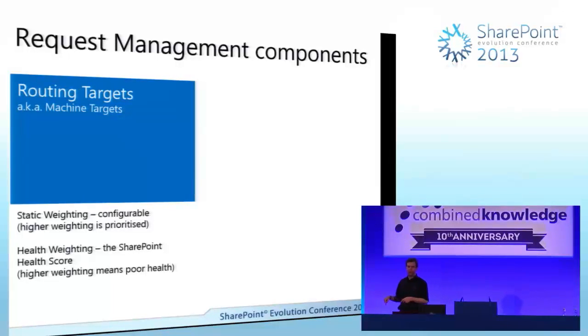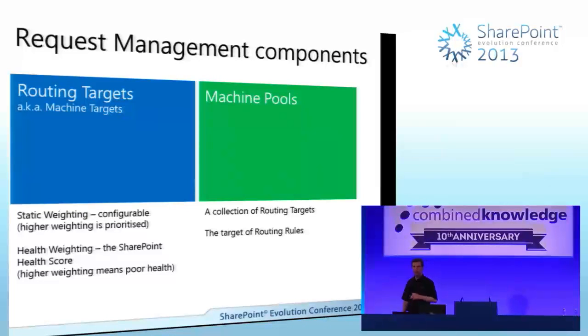So a high health score is bad, okay? So these two metrics are the opposite in that respect. Then we have machine pools, which is a collection of routing targets. So this is our server group, if you like. And we point our routing rules at the machine pools to allow the request management load balancer to figure out which individual routing target to send the request to.